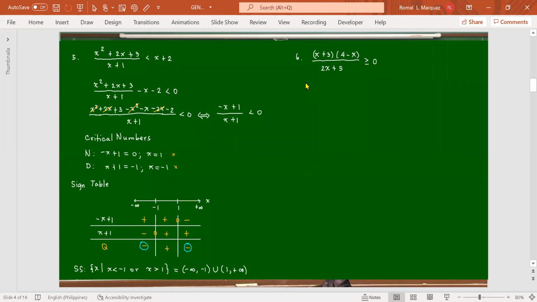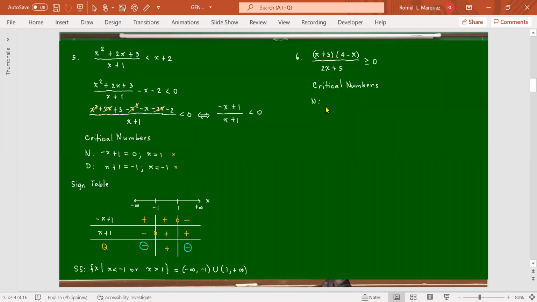What are the critical numbers, guys? For the numerator first. How many in the numerator? 2, no?